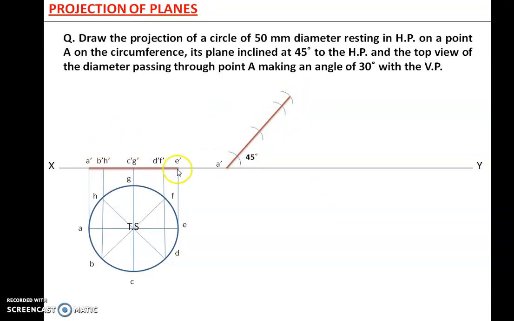So A dash E dash, first arc; A dash D dash F dash, this arc; A dash C dash G dash, this arc; A dash B dash H dash, this arc. Okay. So once you have got all the 4 arcs, give the names BH, CG, DF and E.